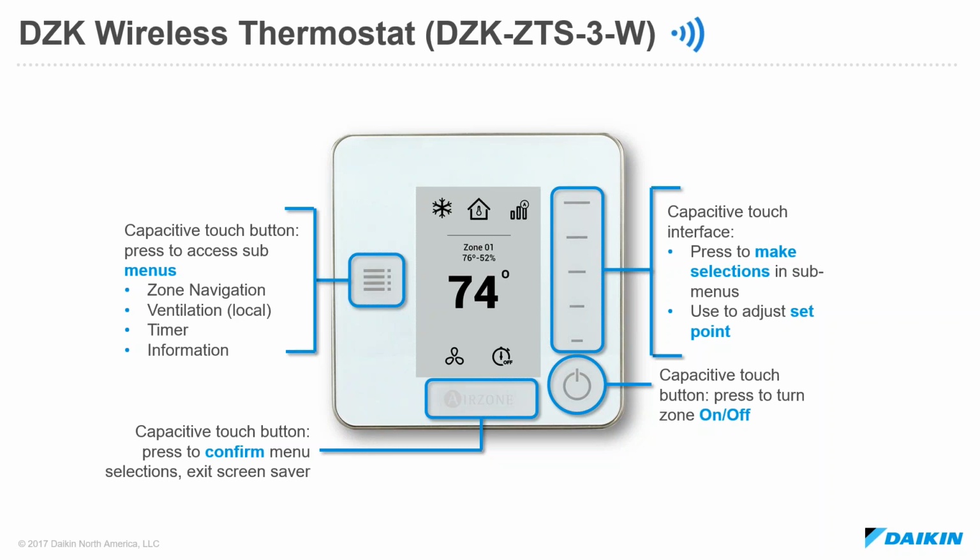On the right side of the screen, you'll see a set of graduated lines. These are also capacitive touch interface buttons. The standard use of these buttons is really to set the set point of the wireless thermostat. So if we swipe up or swipe down, we'll set the set point either up or down by several degrees.